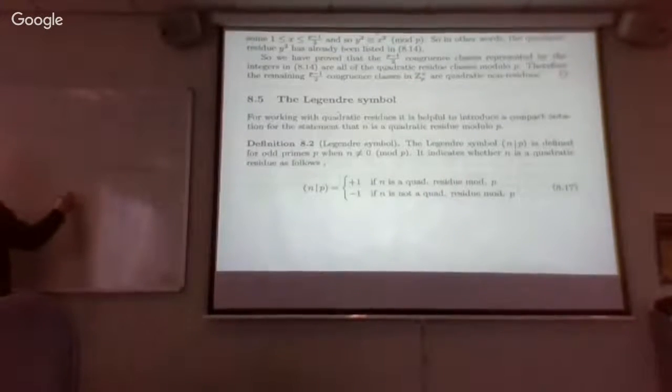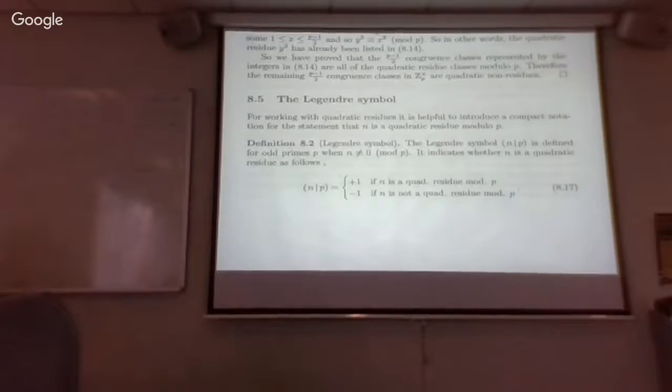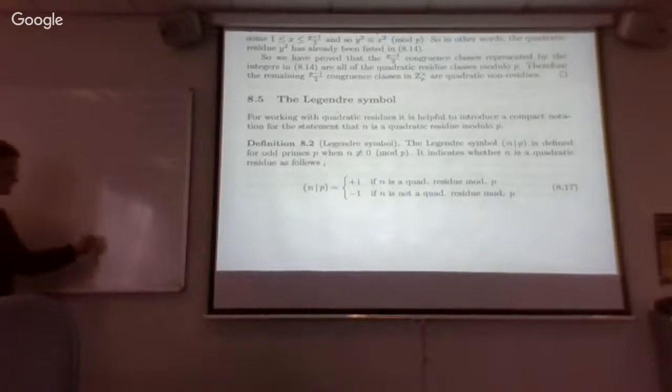And so in terms of this notation, you can easily write down the question, is n over p plus 1 or minus 1, as a Legendre symbol? But what it does do is immediately give us, just by forming the notation like this, a way of thinking about it like a function.